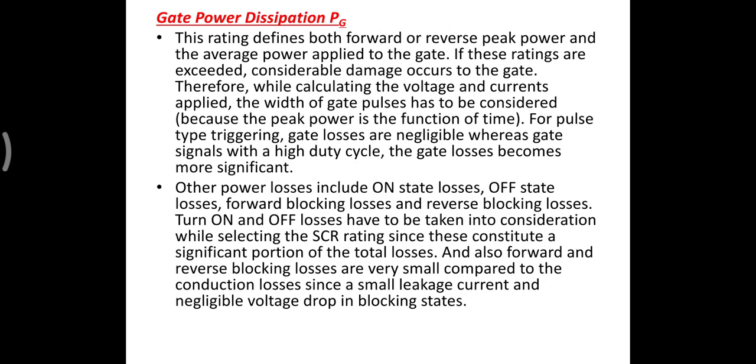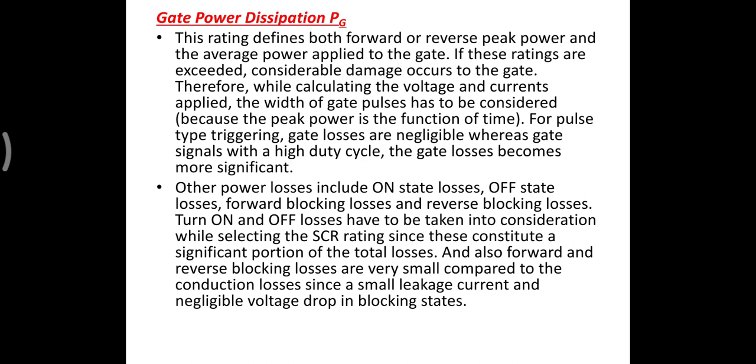Next, gate power dissipation. This rating defines both forward and reverse peak power and the average power applied to the gate. If these ratings are exceeded, considerable damage occurs to the gate. Therefore, while calculating the voltage and currents applied, the width of the gate pulse has to be considered.